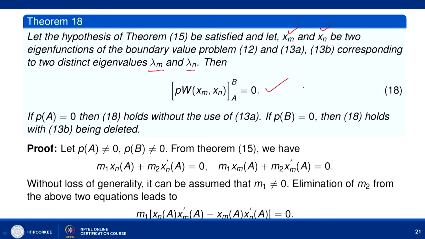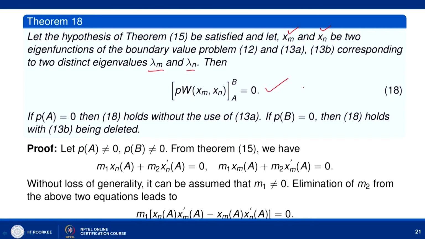So if p(a) equals 0, we have to use only one condition. If p(b) is equal to 0, then we can use only one condition. So without loss of generality, let us assume that neither p(a) nor p(b) is 0.